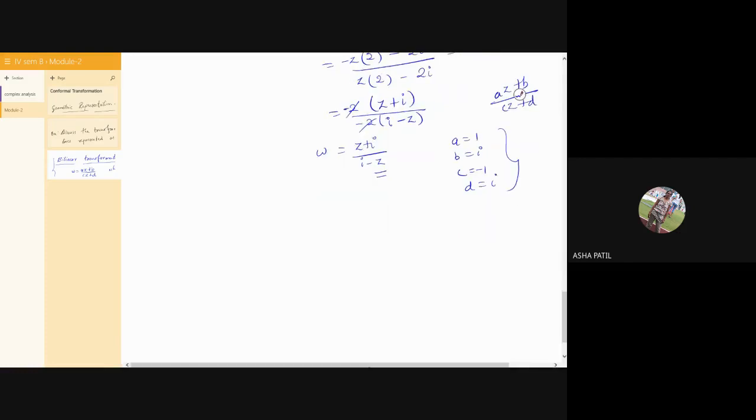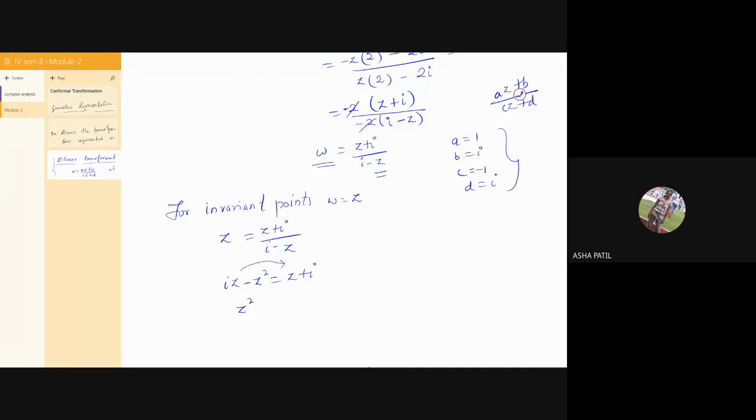Now further you have to get the invariant points. For invariant points, W is equal to Z. So put W as Z, we'll get Z is equal to (Z plus i) divided by (i minus Z). What it gives? iZ minus Z square is equal to Z plus i.